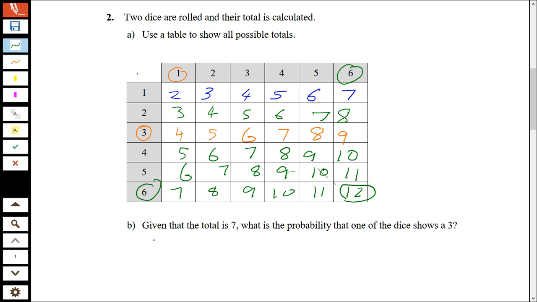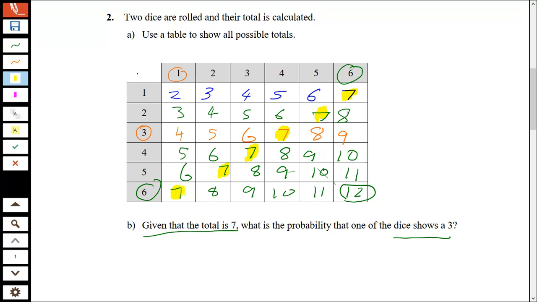Now, given that the total is 7, so this is our condition, what is the probability that one of the dice shows a 3? What we're going to do is highlight all the totals of 7. There's one, there's another one, here's another one.